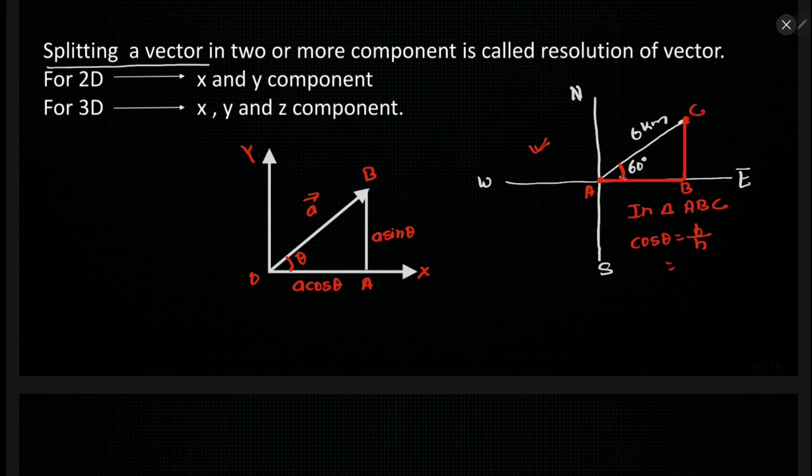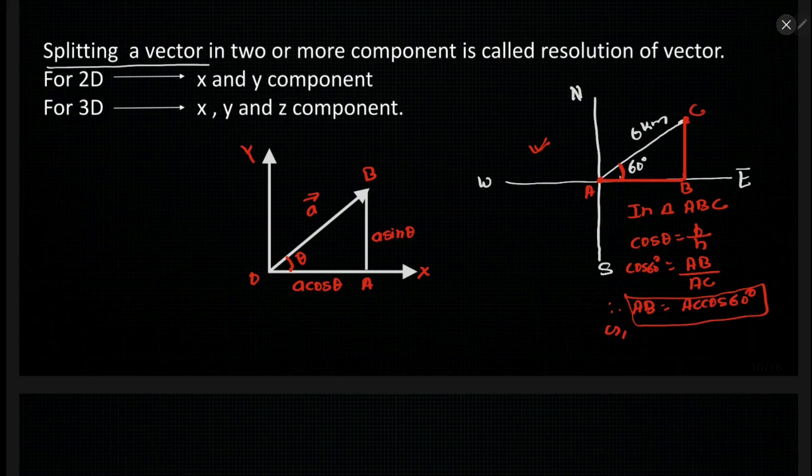And this is our base, this AB by AC is equal to cos 60 degrees. Therefore AB is equal to AC cos 60 degrees.